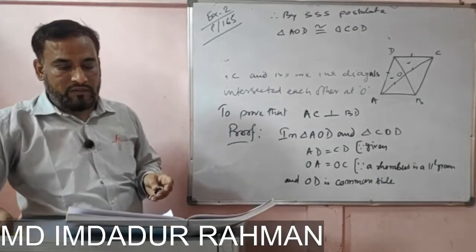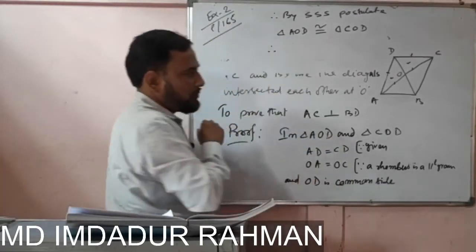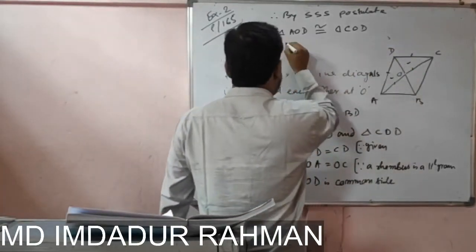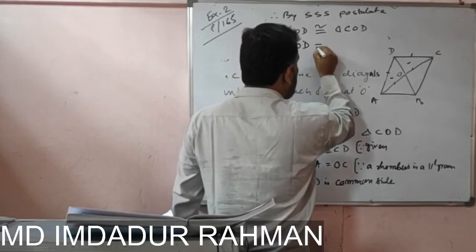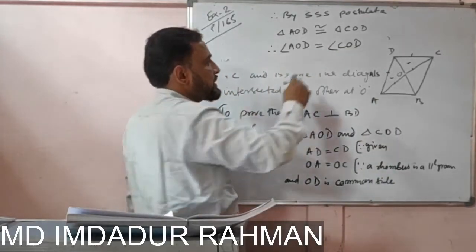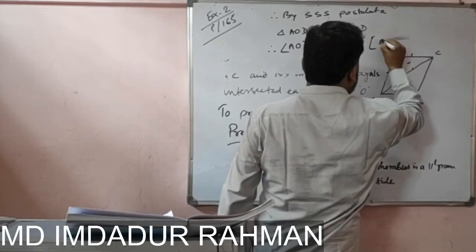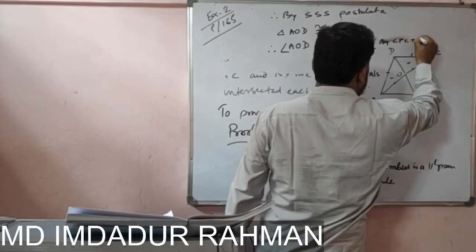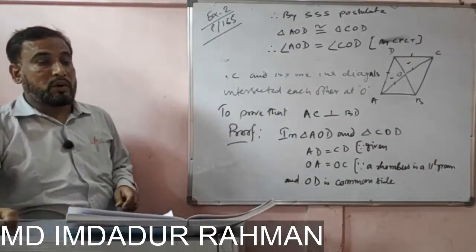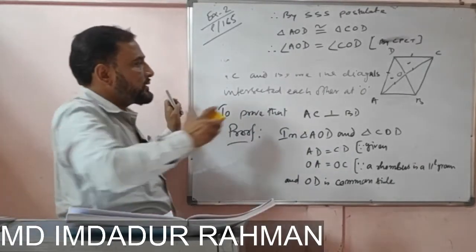After getting these two triangles congruent, what do we get? Simply, angle AOD is equal to angle COD. It is because we have to show that AC is perpendicular to BD, diagonals of a rhombus perpendicular to each other.